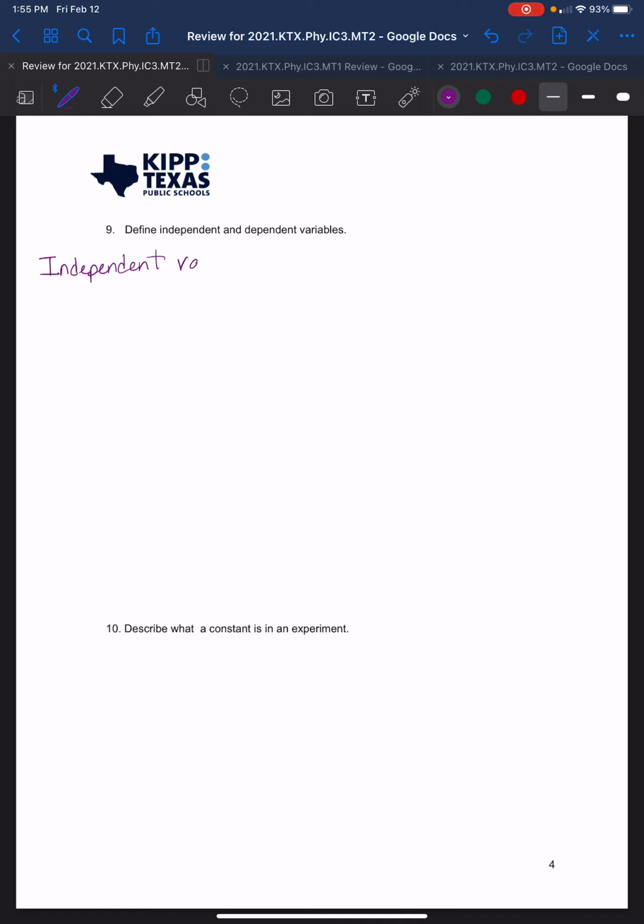variable is a variable that is not dependent on any other variable.